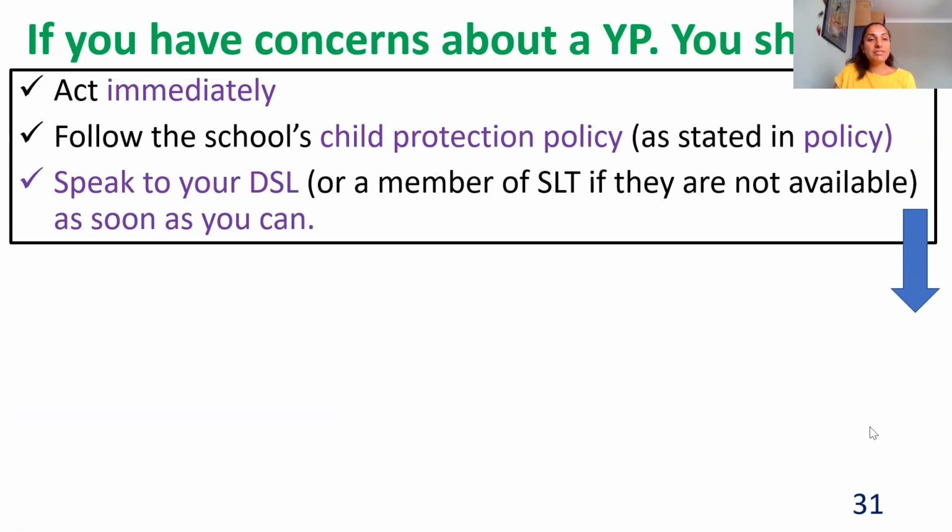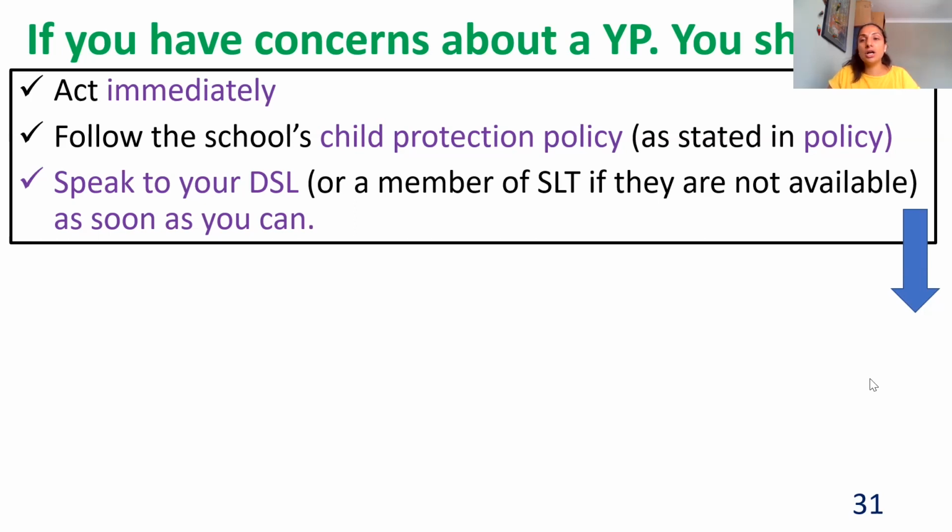Right, so moving on to what to do if you have concerns about a young person. Firstly, act immediately. Secondly, follow the school's child protection policies. Again, you'll get training on this when you start on your placements, and speak to your designated safeguarding lead, or a member of SLT if they are not available, as soon as possible.